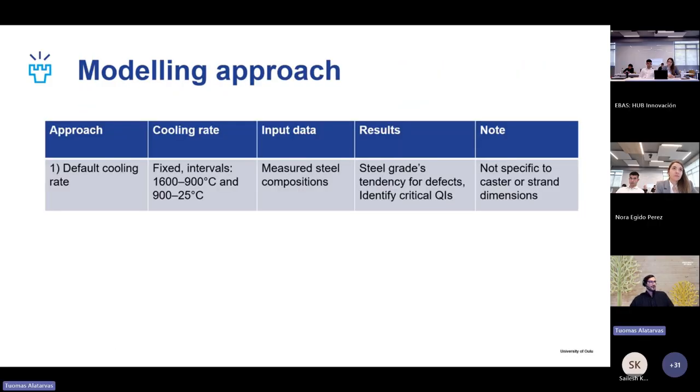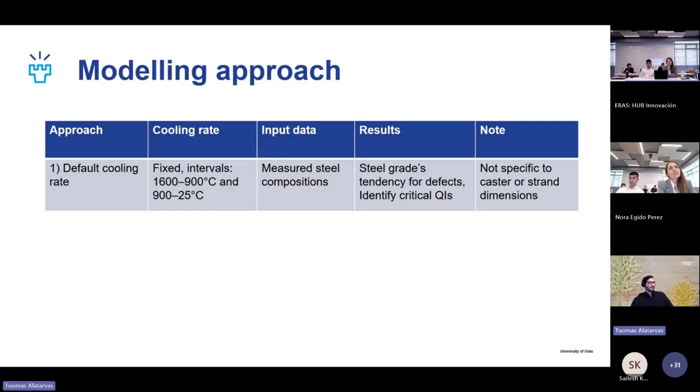And the modeling approach in the Sunshine project can be simplified as two different kinds of approaches. The first one is the default cooling rate approach, where we use a fixed cooling rate with intervals in the solidification module from 1600 to 900, and below that 900 to 25.